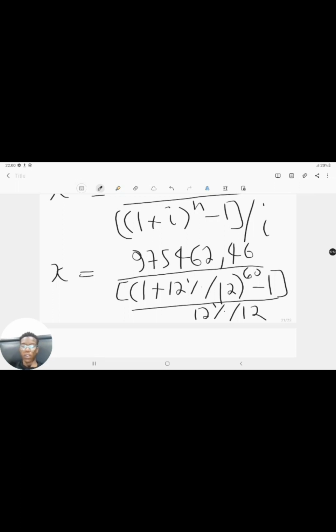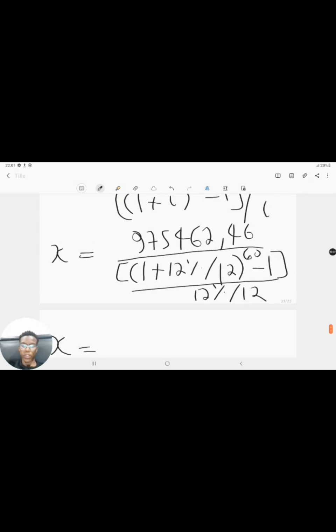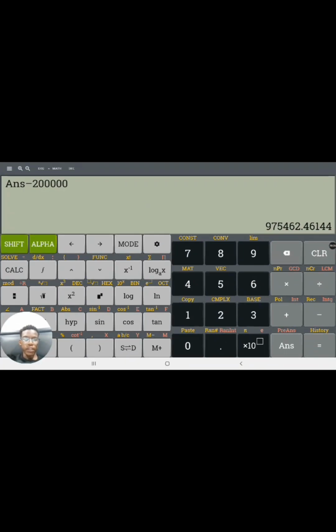Okay, and then we can actually go and put this in our calculator and solve. Keep forgetting this, 975,462. It's actually here. 975,462.46.